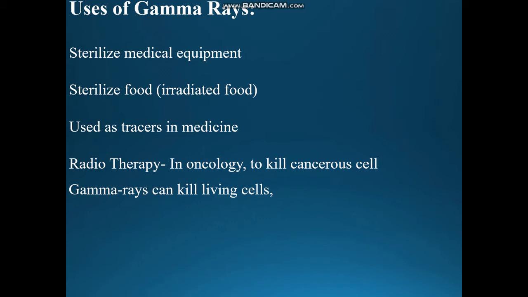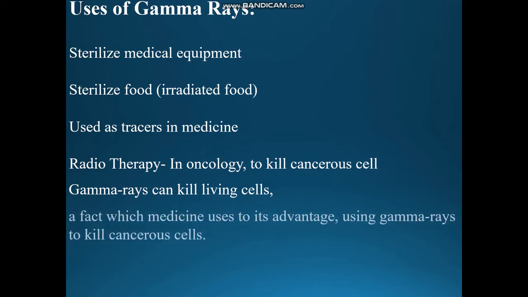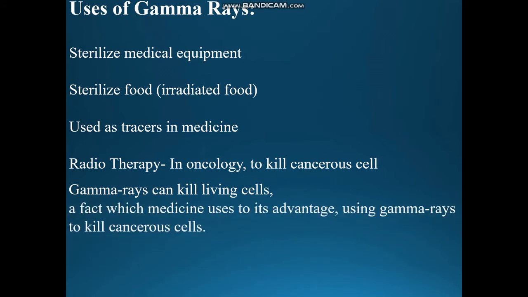Gamma rays can kill living cells because they can penetrate inside, a fact which medicine uses to its advantage, using gamma rays to kill cancerous cells. They are also used in astronomy.